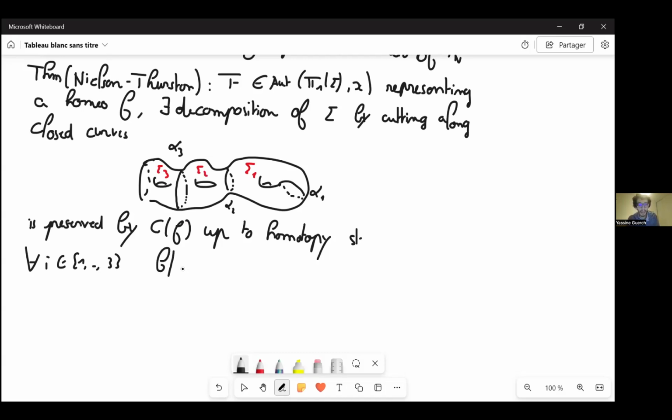So if you look at the restriction of F to the subsurface sigma i, one of the following holds.